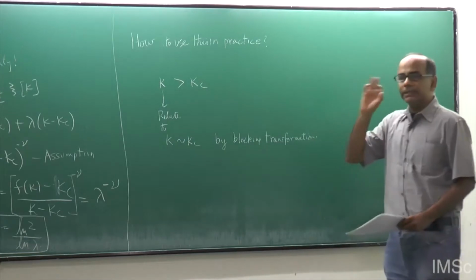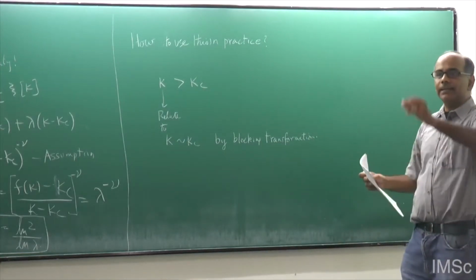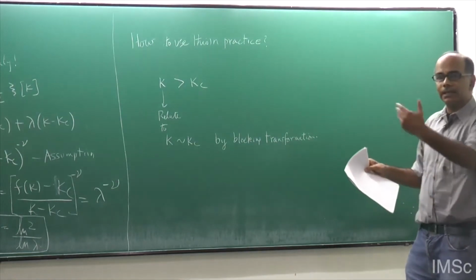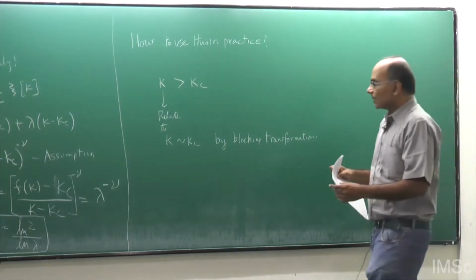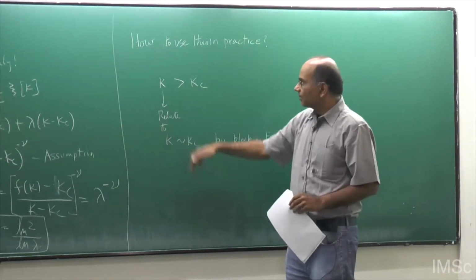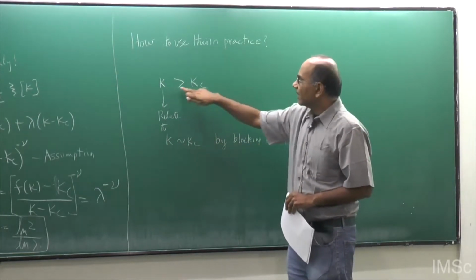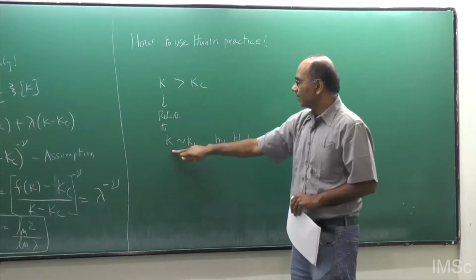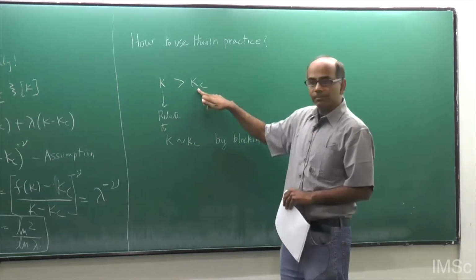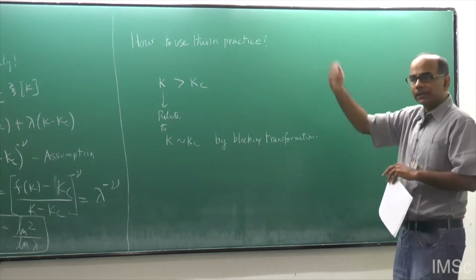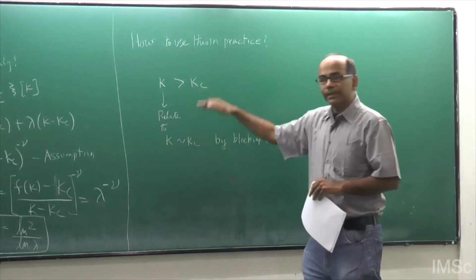In your Hamiltonian there's a parameter k, and the parameter changes. It's the same form of the Hamiltonian, but the value of the parameter changes with each step. So you can go from some value much bigger than kc to some value k near kc by a blocking transformation. So these two can be related.